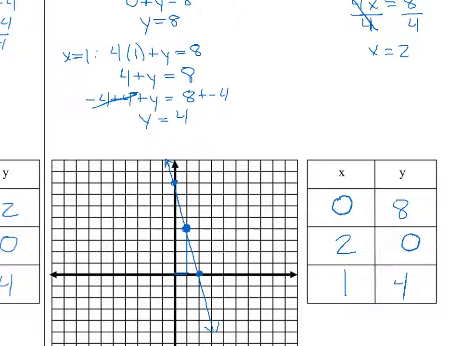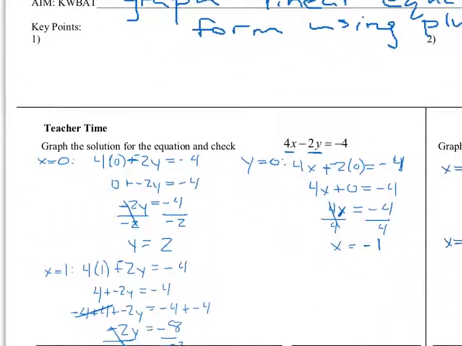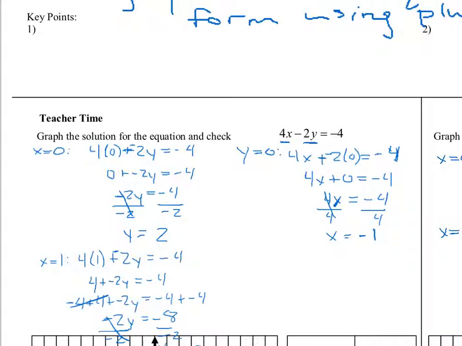Any questions about that? All right, I'm looking for 2 key points about graphing linear equations that are in standard form. Kevin. Always use 0 for x and y. Perfect.